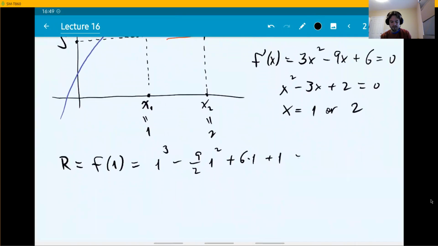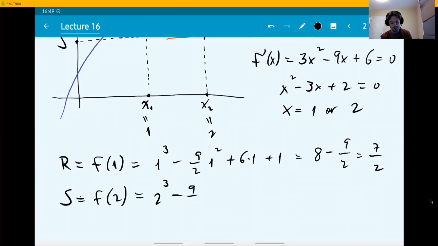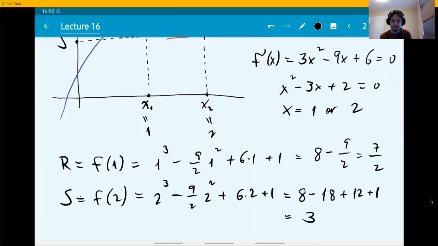So anyway, you have an 8 minus 9 over 2, so 7 over 2. That's r. And s would be 2 cubed minus 9 over 2 times 2 squared plus 6 times 2 plus 1. So that's 8 minus 18 plus 12 plus 1. What is that? 21 minus 18, that's 3.